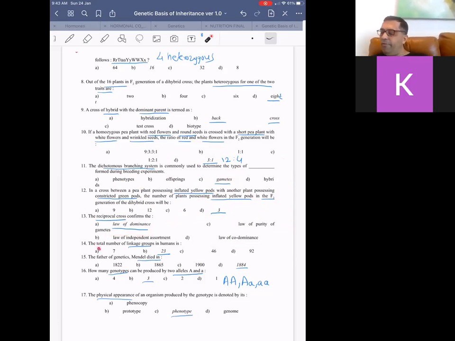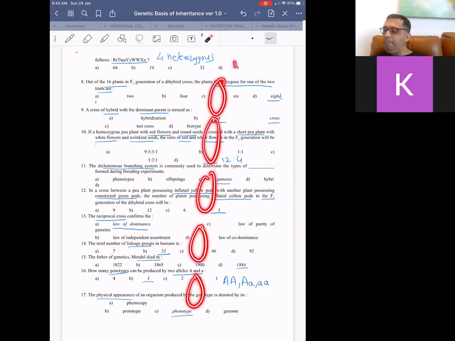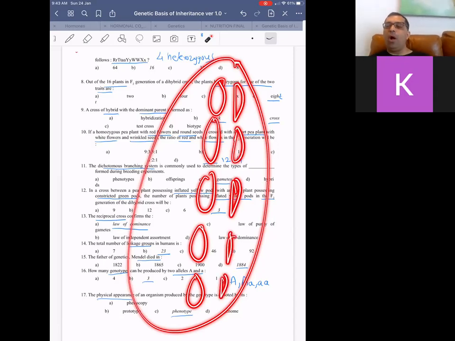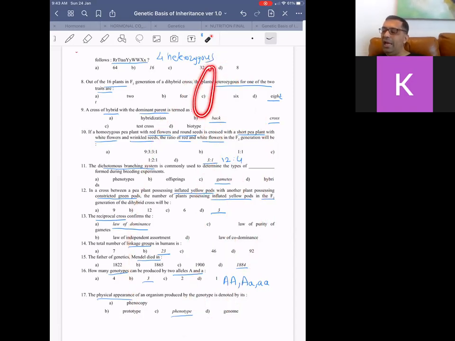Then total number of linkage groups in humans is 23. What is the meaning of linkage groups? Number of haploid chromosomes is called as linkage groups. तो humans के अंदर there are 23 pairs of chromosomes, that is diploid. तो haploid condition में कितने chromosomes हो जाएंगे?